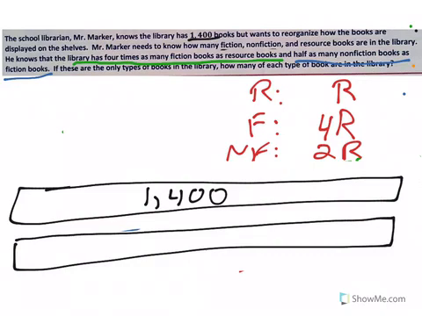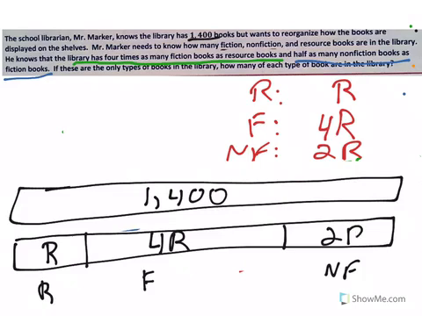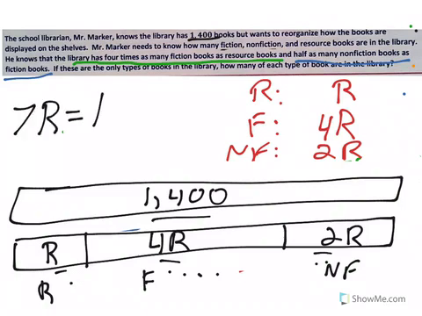So if we have R for our resource books, 4R for our fiction, and 2R for our nonfiction, we know that if we add all these together, we're going to get 1,400. So how many R's are there? We have 1, 2, 3, 4, 5, 6, 7. So now I know that 7R equals 1,400. Don't make the mistake of not counting that R right there. That's 1 R. Even though it just says R, that's 1 R, right?